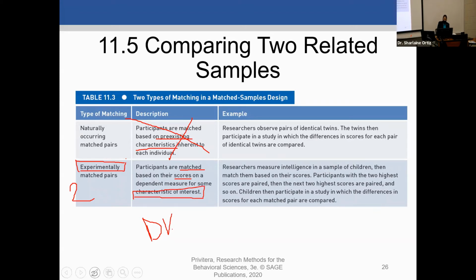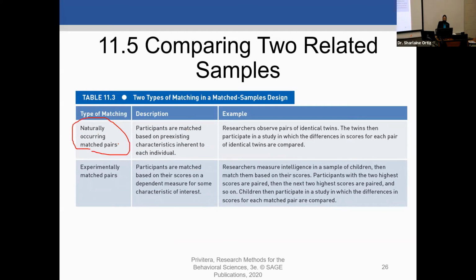So the main difference is that in naturally occurring pairs, I am interested in pre-existing characteristics, whereas in experimentally matched pairs, I am interested not in the pre-existing, but rather in the measurement of the dependent variable.